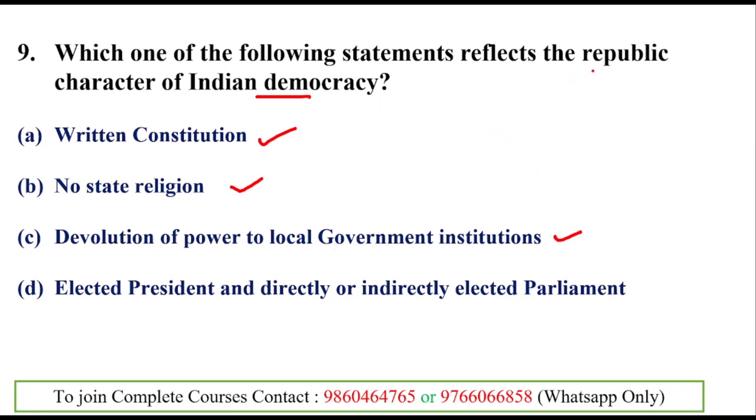But the character of republic is reflected through the elected president and the directly or indirectly elected parliament, because our constitution reminds us that people have the power to elect their representatives, and there is no monarchy or autocracy. So the republic nature is expressed through the elected president and the directly or indirectly elected parliament.